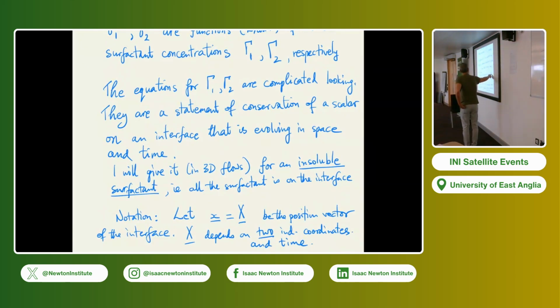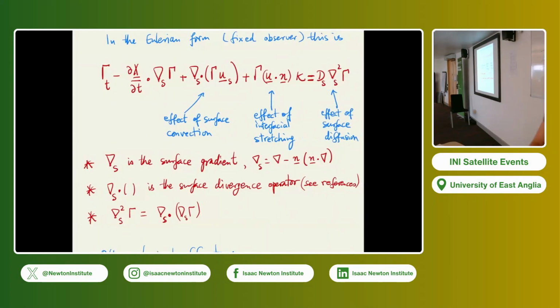And we call these insoluble. So let me just give you the equation. I don't expect you to follow this or where it comes from. I'll just give it to you, but it's good to see the different terms in it. Wherever there is a surfactant and wherever there's a sharp interface, I will get an equation of this type.